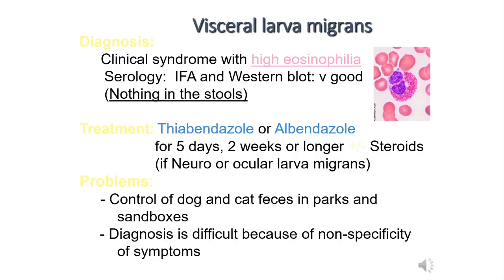We don't have thiabendazole here, so we resort to albendazole, which has to be given at least for 5 days, sometimes for 2 weeks, depending on the case, especially for neuro or ocular larva migrans. Problems: control of dog and cat feces in parks and sandboxes, so they have to be disposed of in a hygienic way. Diagnosis is difficult because of non-specificity of symptoms, but this is where eosinophilia and serology can be very helpful.